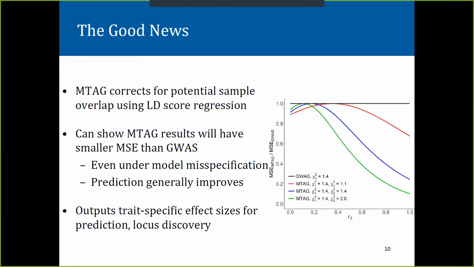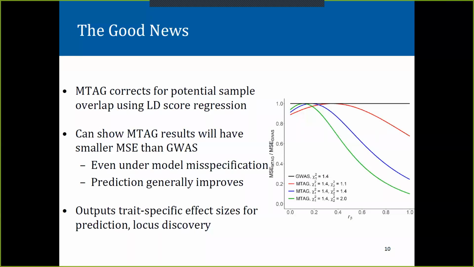And so as I pointed out in the beginning of the presentation, there's this strong assumption of the homogeneous omega, but we can prove that even if the homogeneous omega assumption is violated, then the average mean squared error across the genome is going to decrease.